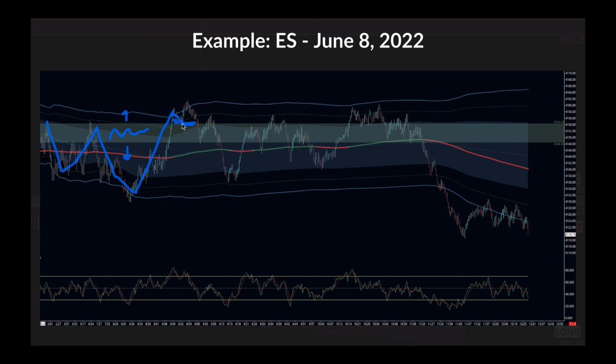An example of distance: I don't have enough distance here, but if it came up to here, I've probably got enough distance, because if it comes back to here, that's a nice pullback relative to this distance. It's kind of like a third of a pullback, and that's reasonable, okay?